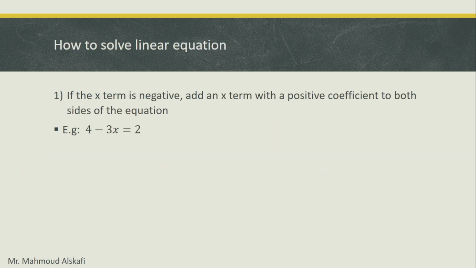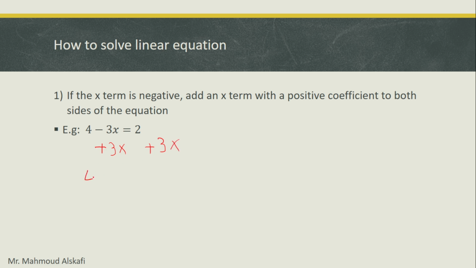For the first condition, if we have x terms as negative, how can we solve it? I will give you two methods. The first method, like in the Cambridge book, is to add to both sides the positive coefficient of the variable. Here we have minus 3x, so we add 3x to both sides because we need a positive coefficient.